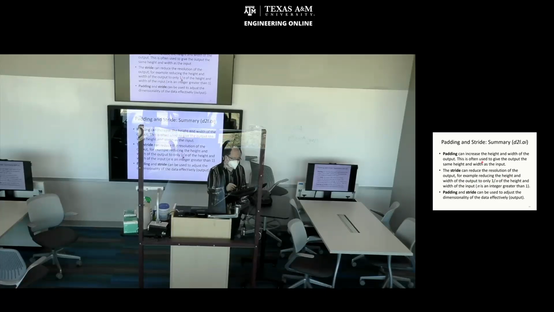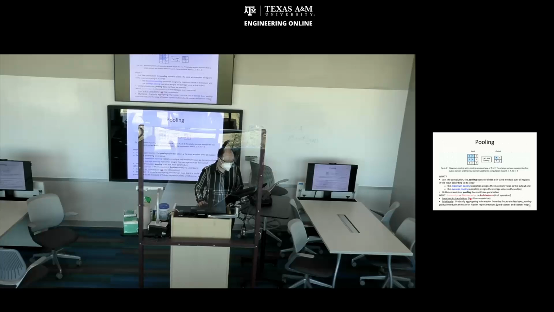Without padding, you are just losing some number of pixels, but here you're scaling the height and the width, so it's reducing the resolution much more drastically. So padding and the stride can be used to adjust the dimensionality of the data effectively. That's something that can be counted on.